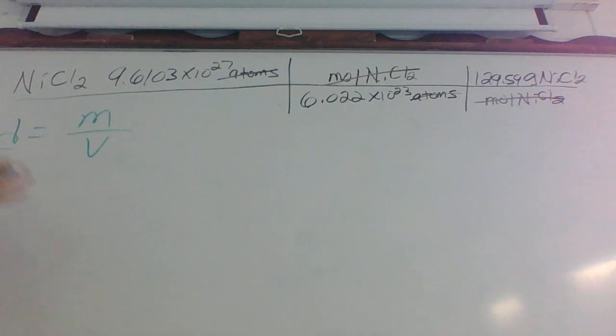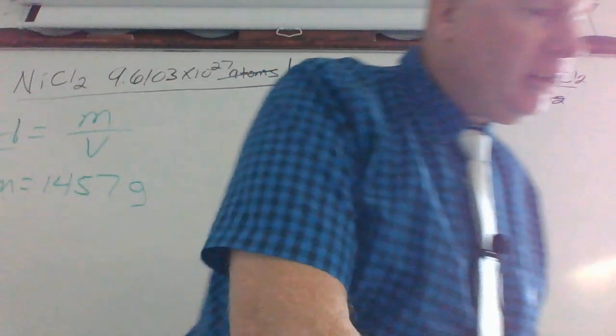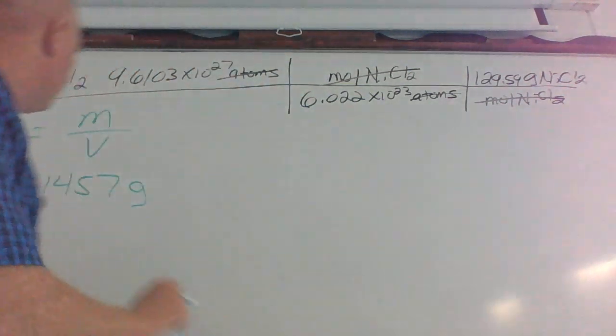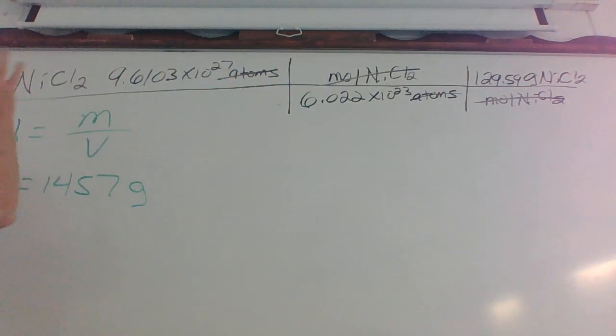Okay, so in this problem, what else we are given is 715. If it's cubic centimeters, do you think that's a density? Is that a mass, or is that a volume? Cubic centimeters.